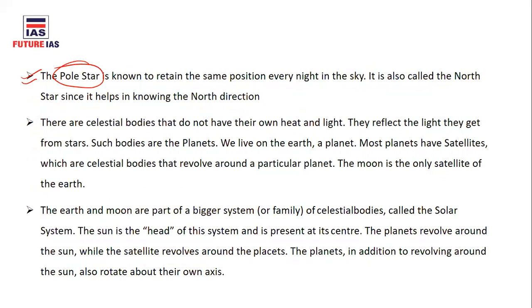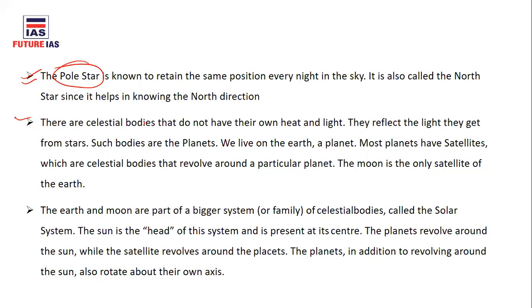It is also called the north star, because by looking at the pole star you can easily detect the northern direction, since it always shines in the northern direction. So whenever you don't have any sense of direction, you can look at the pole star and easily find out where the north is, isn't it?